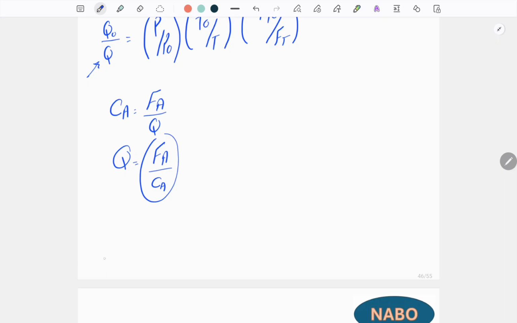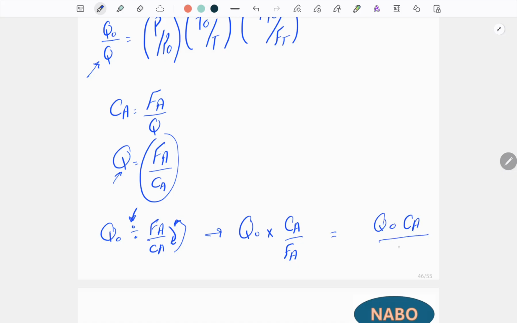Q naught divided by Fa over Ca, which is the Q, can also be written as Q naught times Ca over Fa. When we change the sign, we can flip the denominator and numerator. Therefore, that will equal Q naught Ca over Fa.